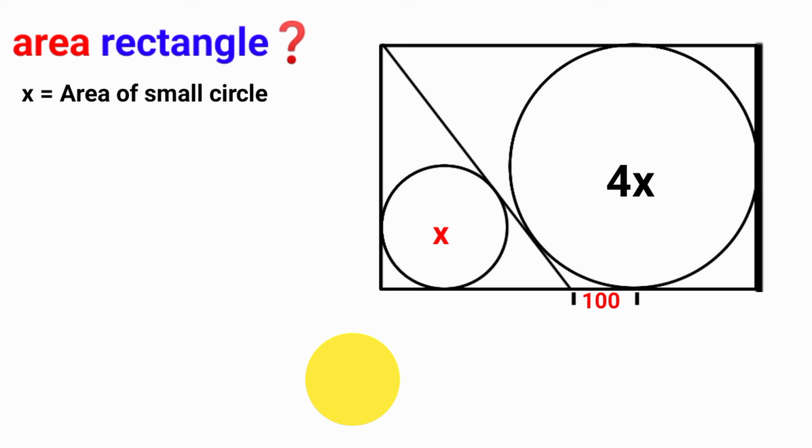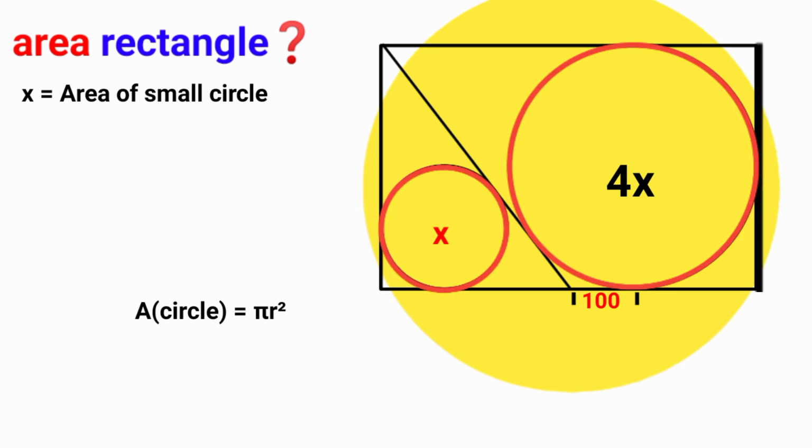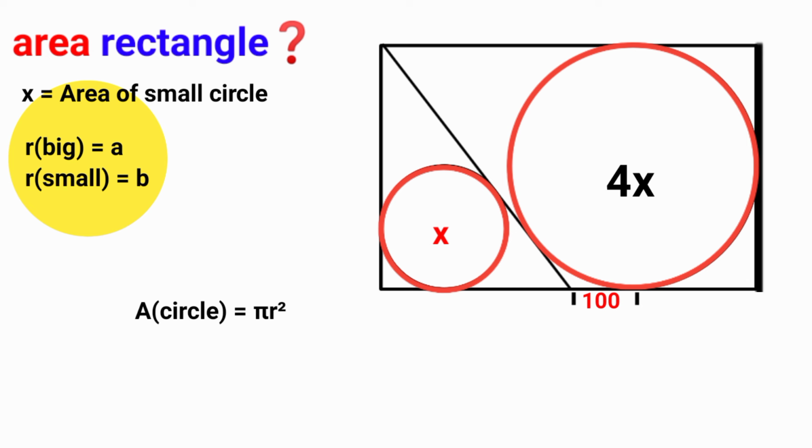Well, it is very simple. The formula for calculating the area of a circle is pi r squared, where r is radius. But we have two circles. There are two different radii. Let's say radius of big circle equal to a and radius of small circle equal to b.